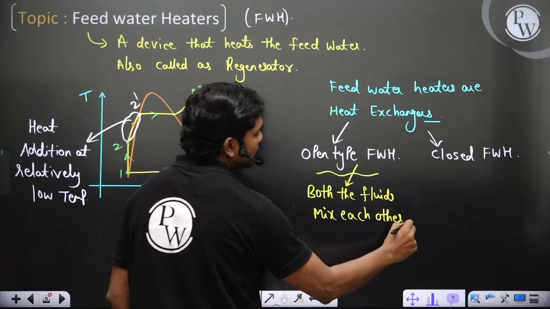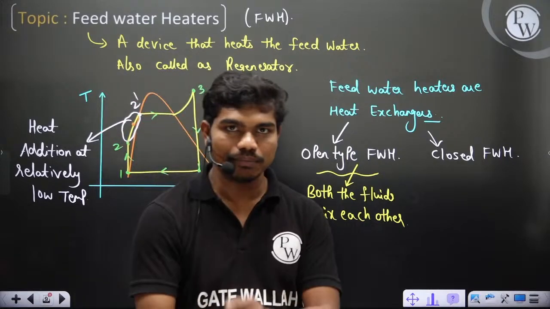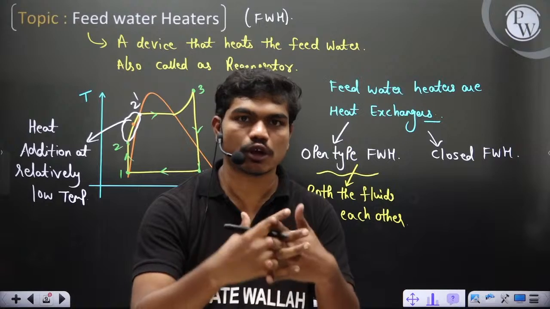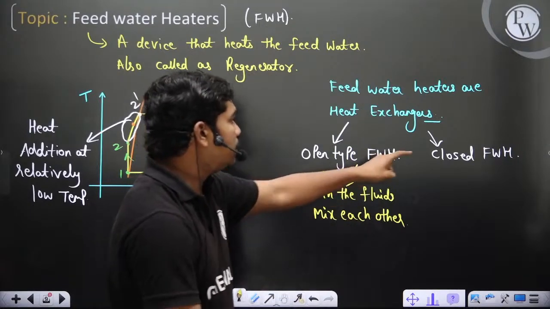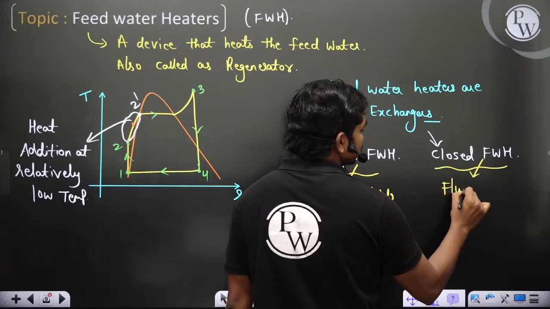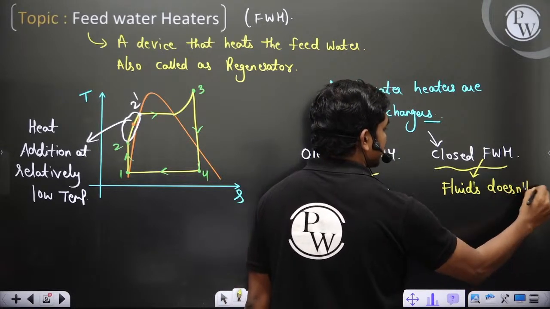Physically they get in contact and mix. It's like going for a bath, pouring hot water into cold water, so heat transfer happens directly because of direct contact between the fluids. In the case of closed feed water heaters, fluids do not mix with each other directly.